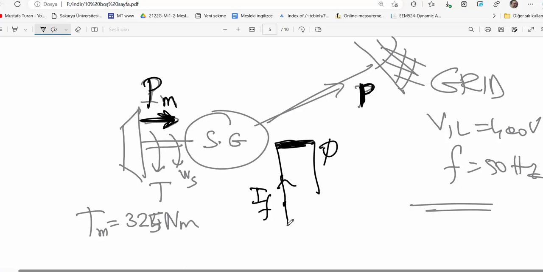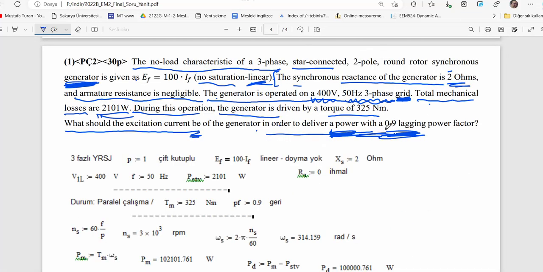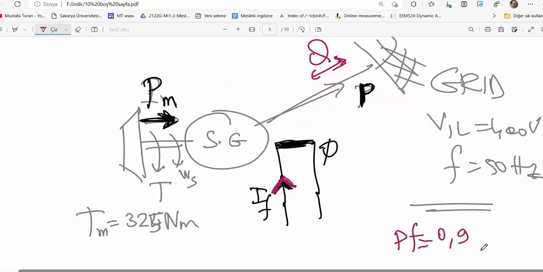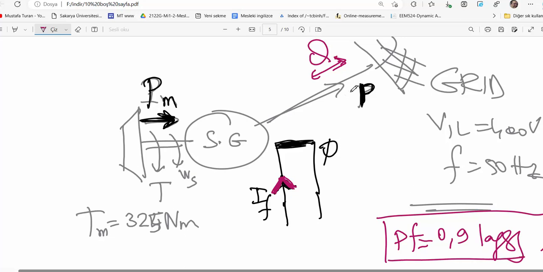There's a field current. Depending on the field current, there would be some reactive power exchange, and it is given as a power factor of 0.9 lagging. Adjust the field current properly to have such a power factor together with such an active power.